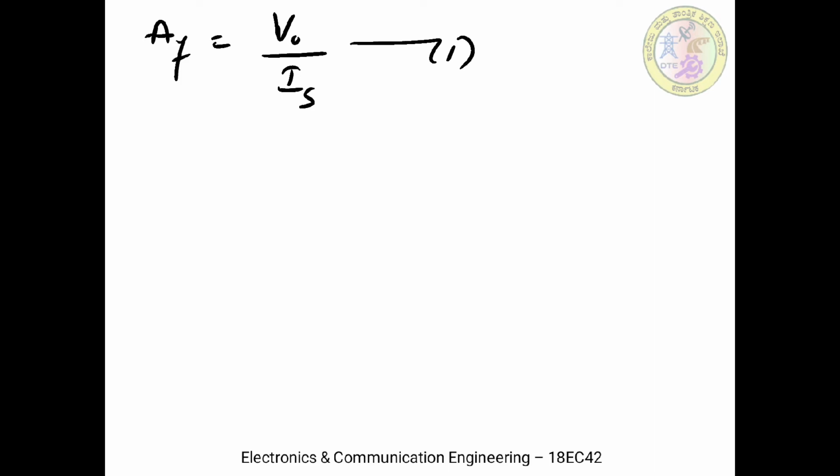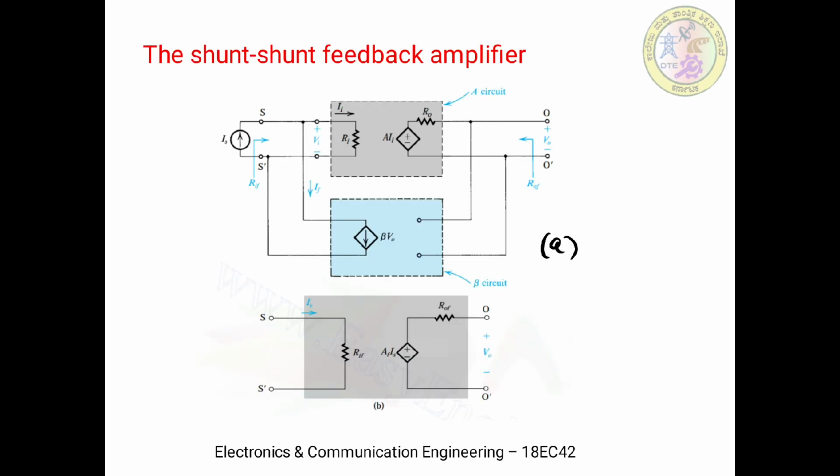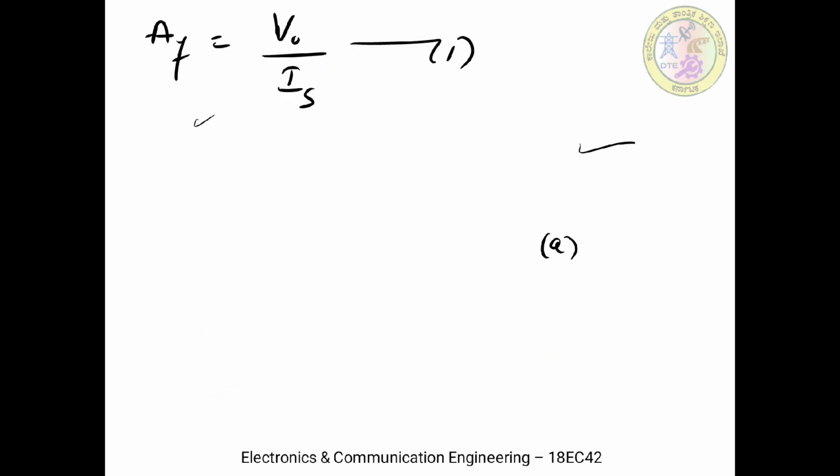So here output voltage will be sampled, so the closed loop gain AF will be equal to V0 by IS, because output is the voltage and the input is the source current IS. But this AF is also equal to A divided by 1 plus A into beta, that is the gain expression in case of feedback.